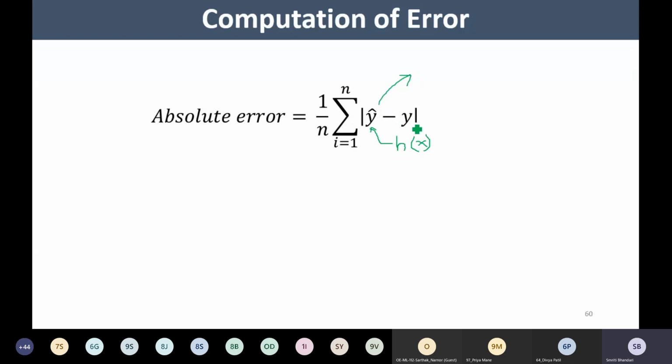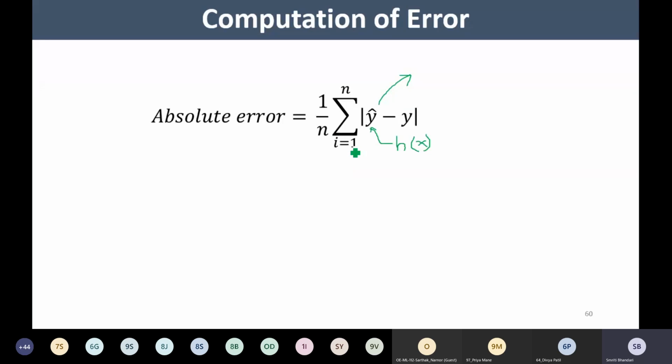The error for one sample is the absolute value of y hat minus y. If I have n samples, I aggregate that error, find the summation, and finally find the average error.